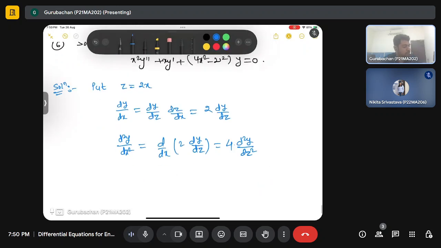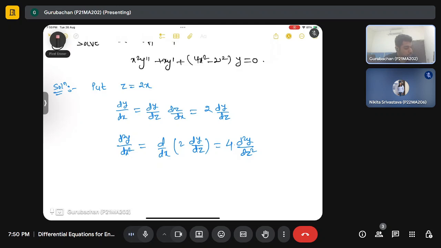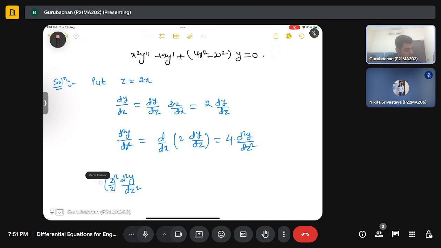You will put these values into the given differential equation and you will come up to 4 times of x square d2y by dz square. Since we are putting x as z by 2, this will be z by 2 whole square into 2, plus 2 times of z by 2 dy by dz plus z square minus mu square into y equal to 0.